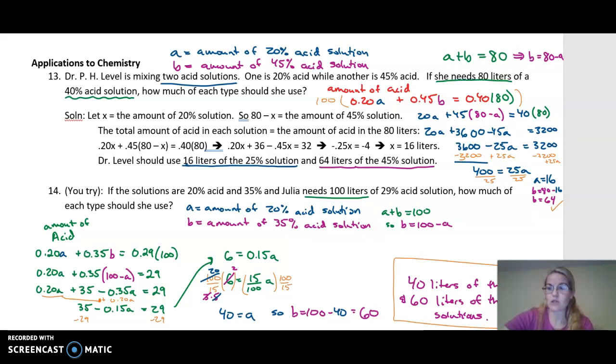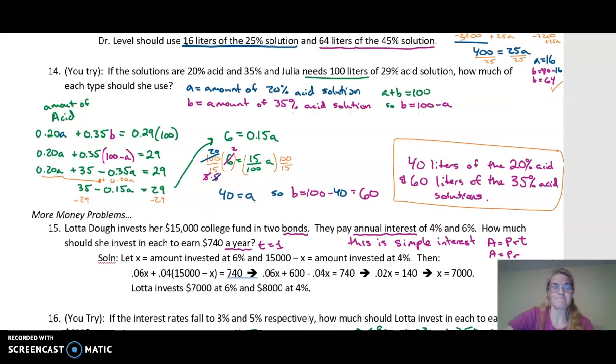So using similar notation, I went ahead and did number 14. So let A be the amount of 20% acid liquid. Let B be the amount of liquid that contains 35% acid in it, right? If she needs 100 liters, A plus B should equal 100, so B is going to be 100 minus A. So what's the amount of pure acid? 20% of liquid A is pure acid, plus 35% of liquid B is pure acid.